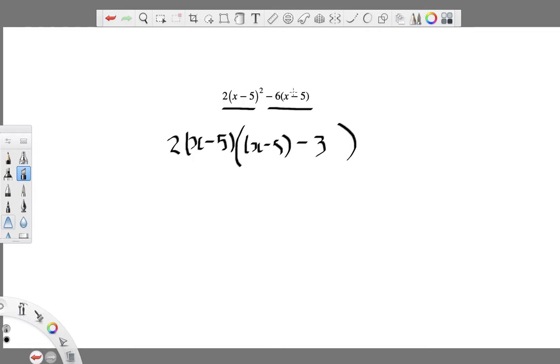So it's very similar to the example we've just looked at. However, in our big bracket, we have this. So x minus 5 and then minus 3. So we can simplify that further. So that's what we'll have to do. So we'll carry on. Put the equals in actually.